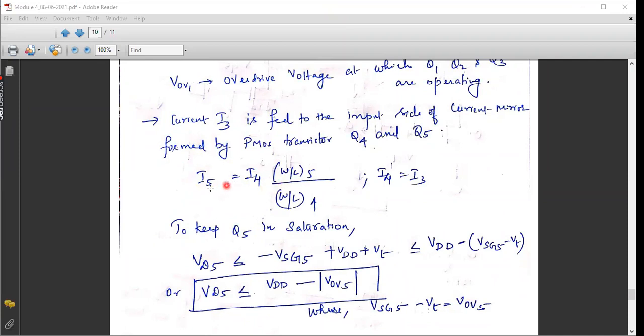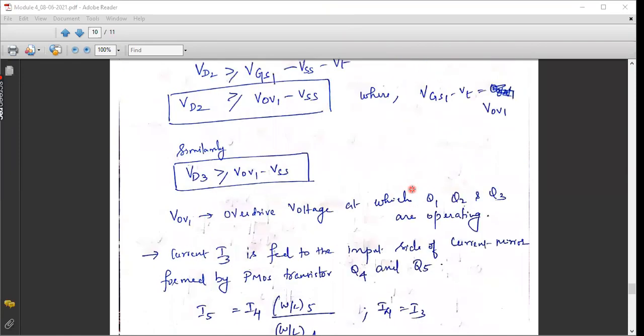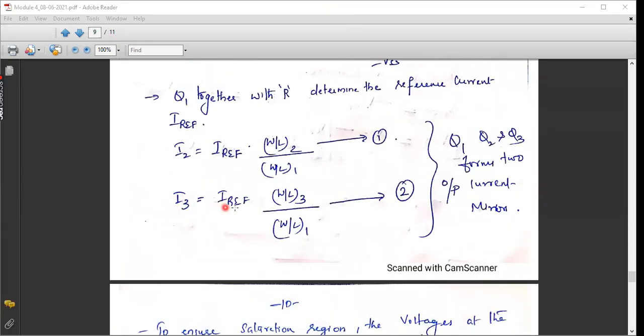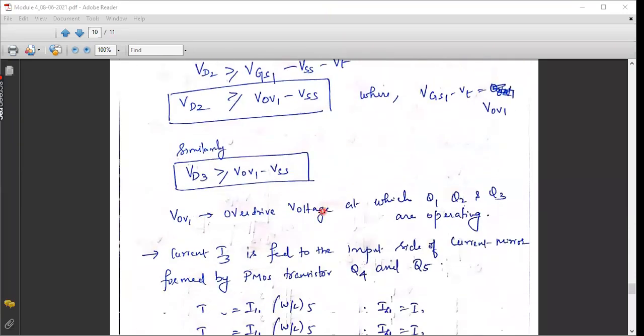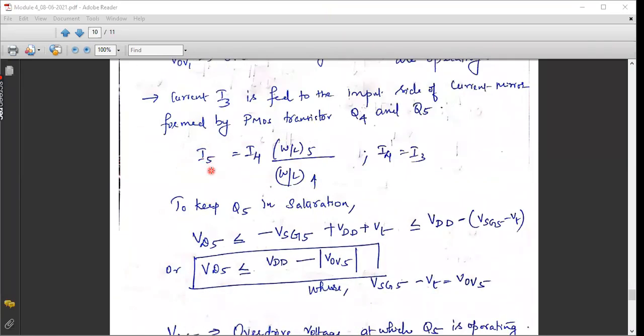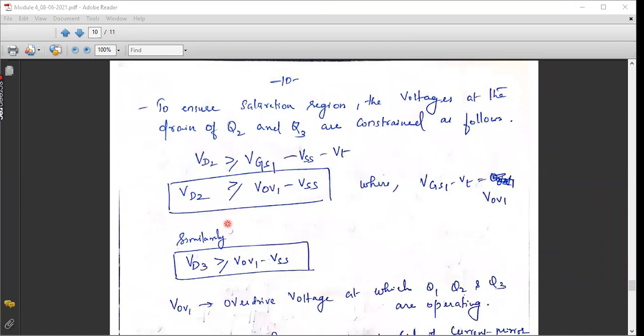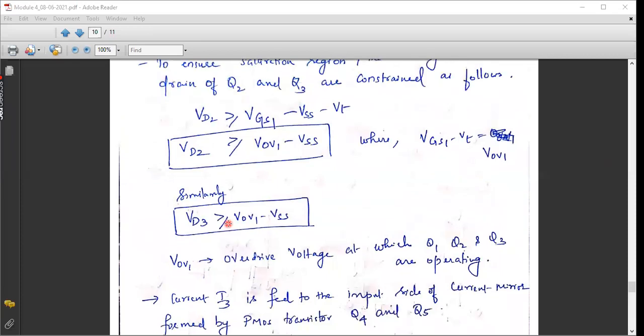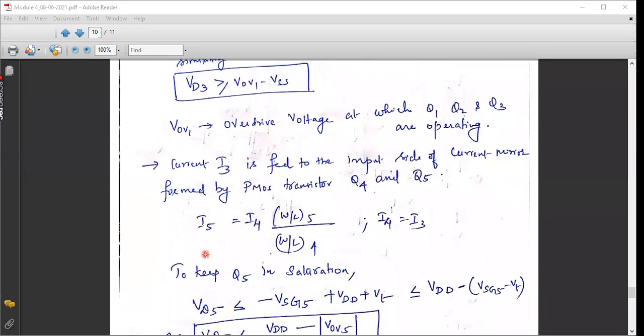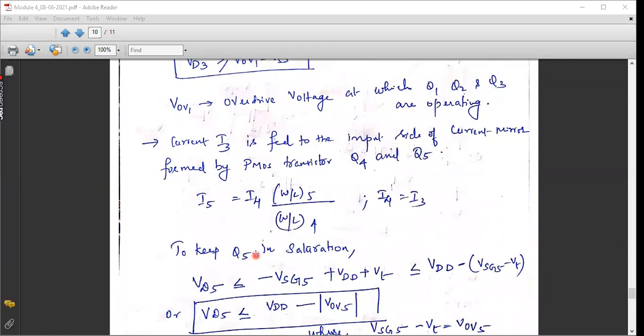You can control I5 in terms of I4, where I4 is I3, where I3 is defined by I reference using equation number 2. So indirectly, the current I5 is controlled by the reference current I reference. That is nothing but your current steering. But to ensure this operation, I need to make Q5 operate in the saturation region.